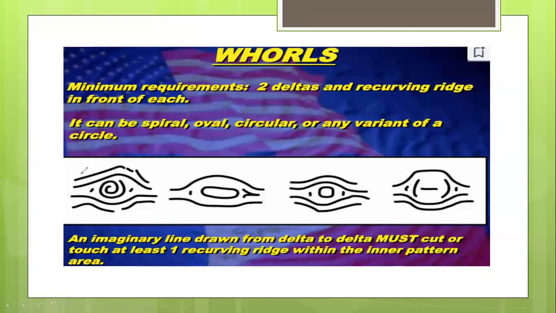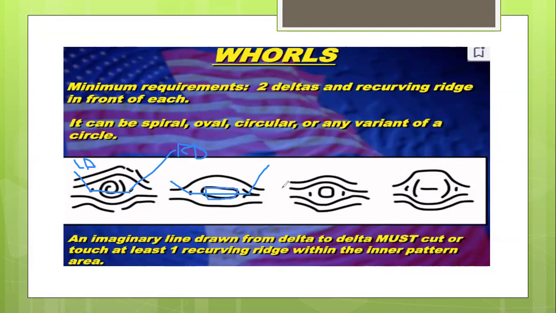This one. So, from left delta to right delta, we have a ridge touching the imaginary line. LD, this one is RD. And another one, this. When an imaginary line is drawn between two deltas, this is a circuiting ridge.